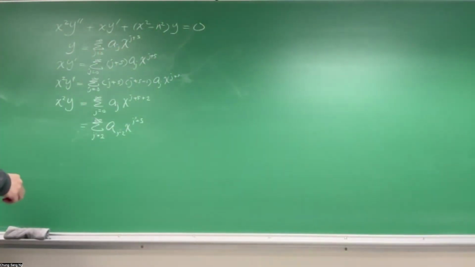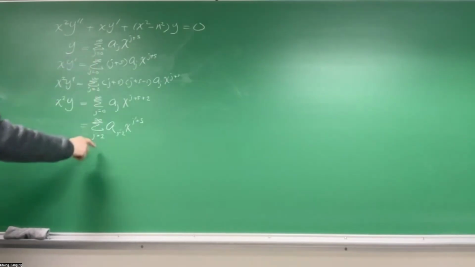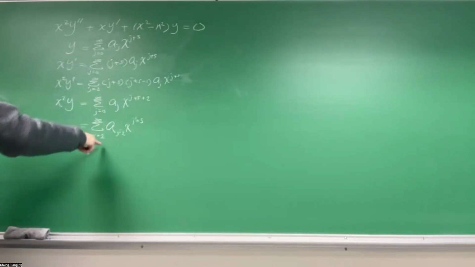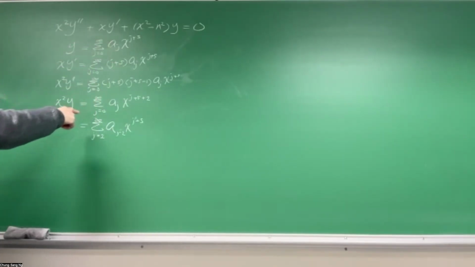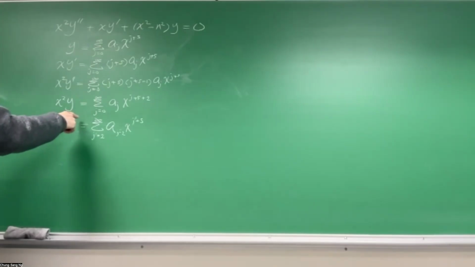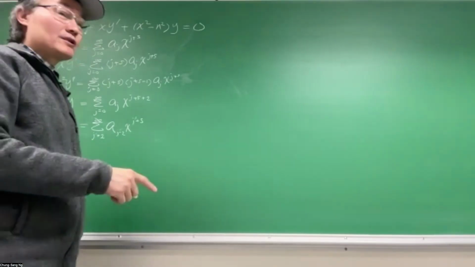But you need to consider the sum of the summation, not all the same. This one starts with 2, all the others start with 0. So you have 2 terms from 0 and 1, you only have three terms.